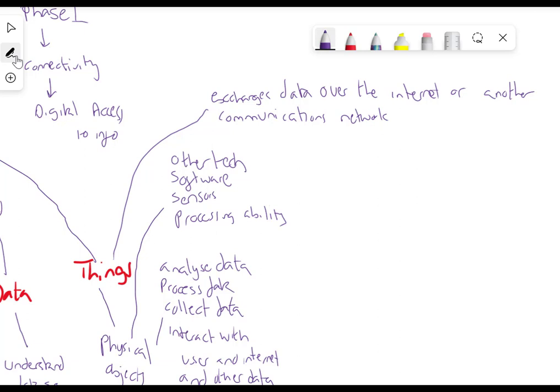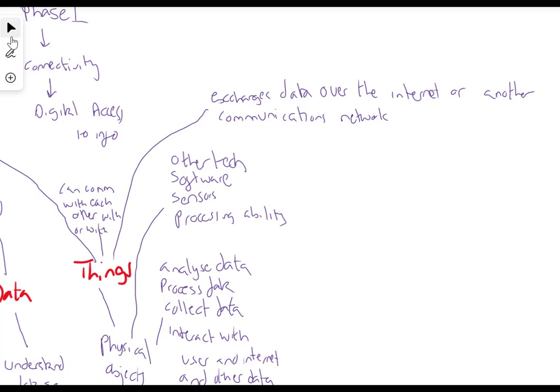Now, things doesn't always have to. So a thing basically can communicate. I'm going to use the word com for communicate. So it can communicate with each other with or without human interaction.